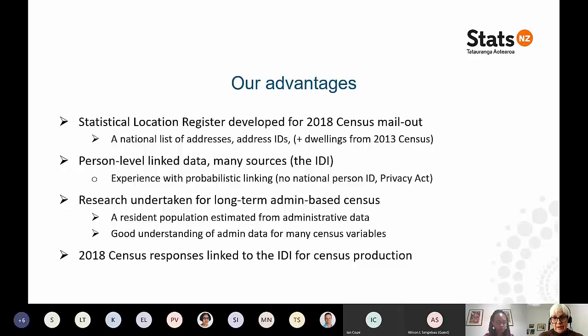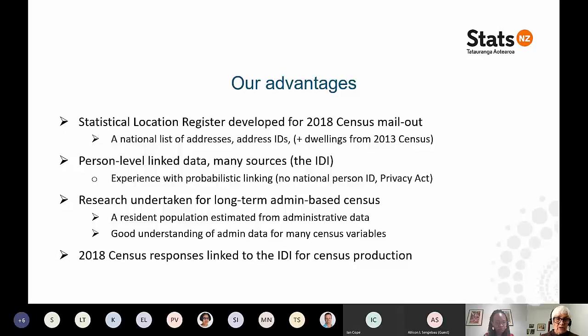So in New Zealand, as with the UK, there is no national person ID, and in fact our Privacy Act prohibits the creation of a national ID. So we have linked our data slightly differently from the ONS using a statistical process called probabilistic linking, but all of the kinds of things that Anne was talking about apply for that as well. But we had done that. And we'd undertaken quite a lot of research in terms of thinking about a long-term census based on administrative data.